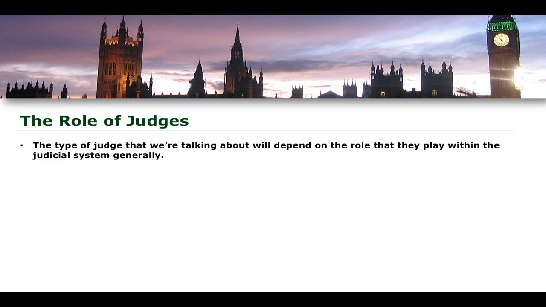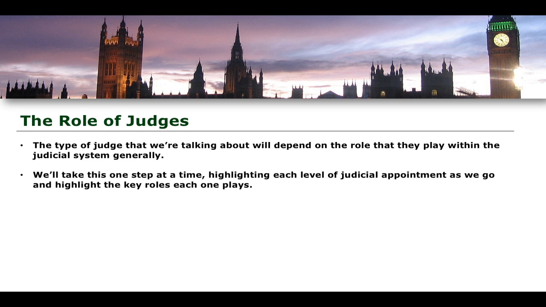This lesson is going to talk about the role of judges. Now, the type of judge that we're talking about will depend on the role that they play within the judicial system generally. We looked early on in the previous lesson at some of the different delineations of judicial structures.